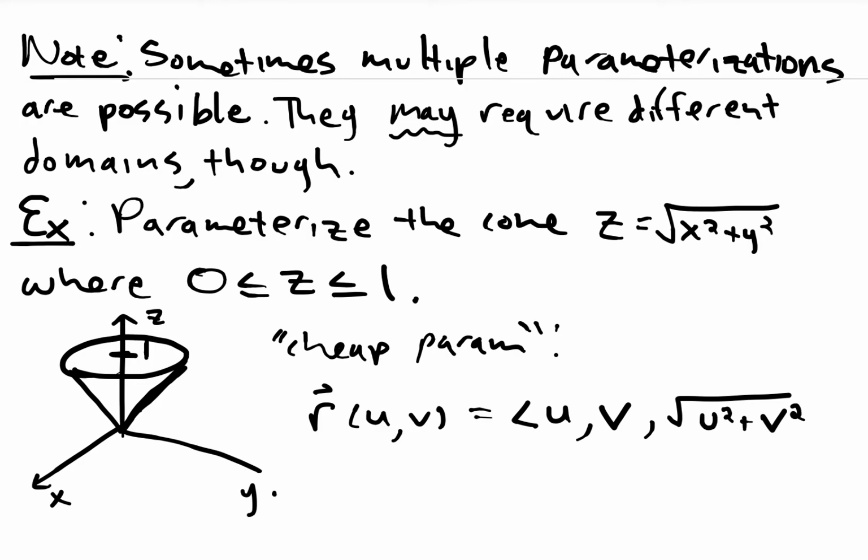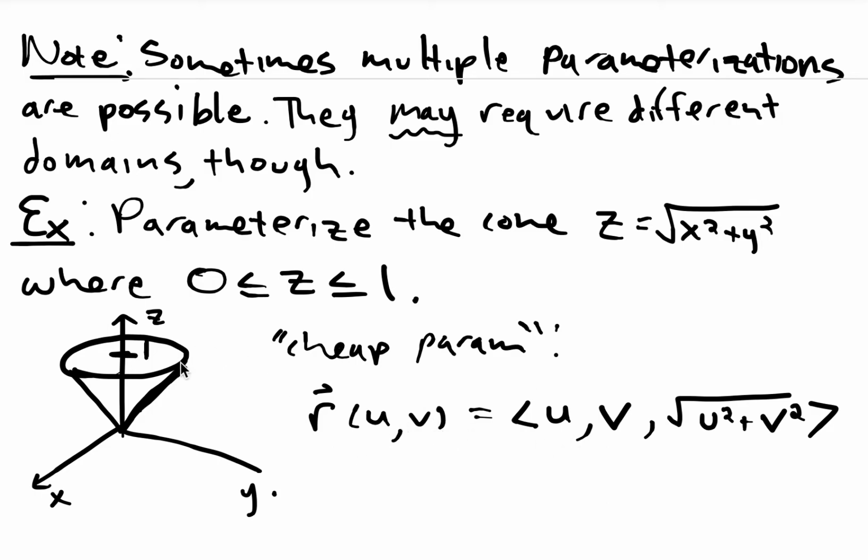So u squared plus v squared. This is my parameterization, but I'm going to point out that I can't just leave this as is and go. I did give a restriction on what part of the cone I wanted. I can't just willy-nilly plug any old u, v in here.